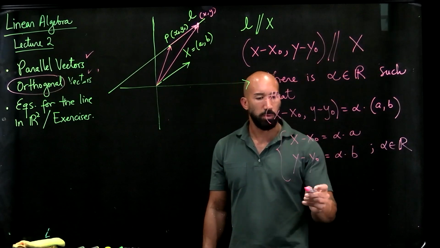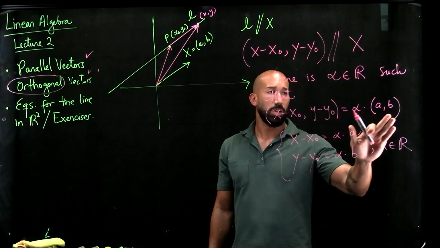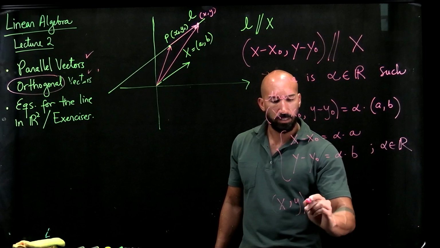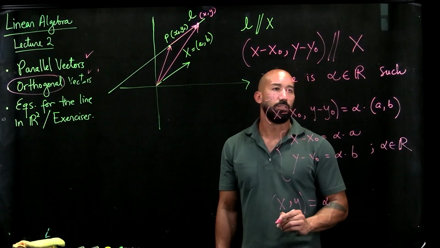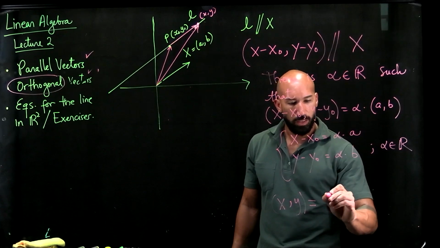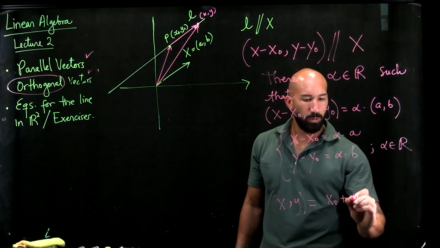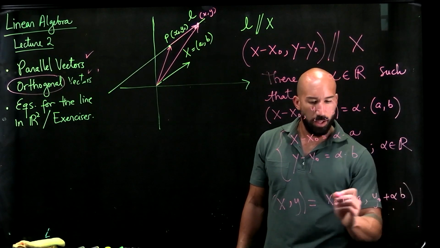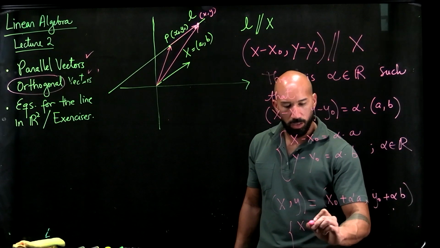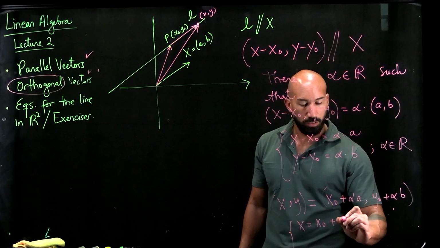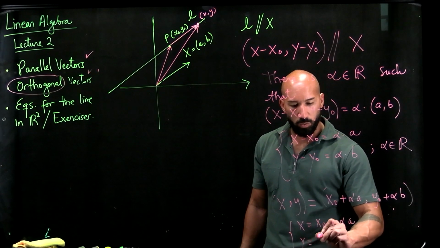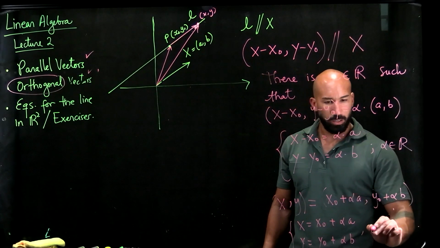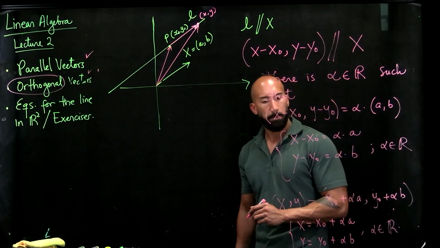Basically the first equation that we have for the line, we can keep this way: (x, y) is equal to (x0 plus alpha a, y0 plus alpha b), or I can put it this way: x is equal to x0 plus alpha a, y is equal to y0 plus alpha times b, where alpha is a scalar.